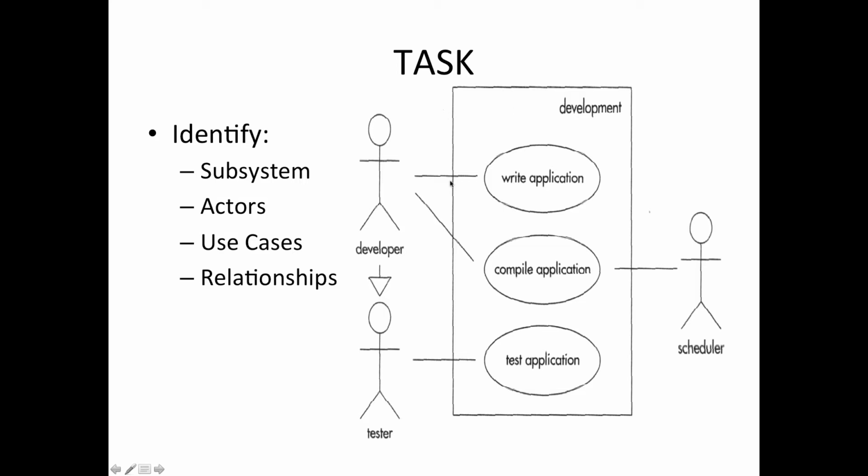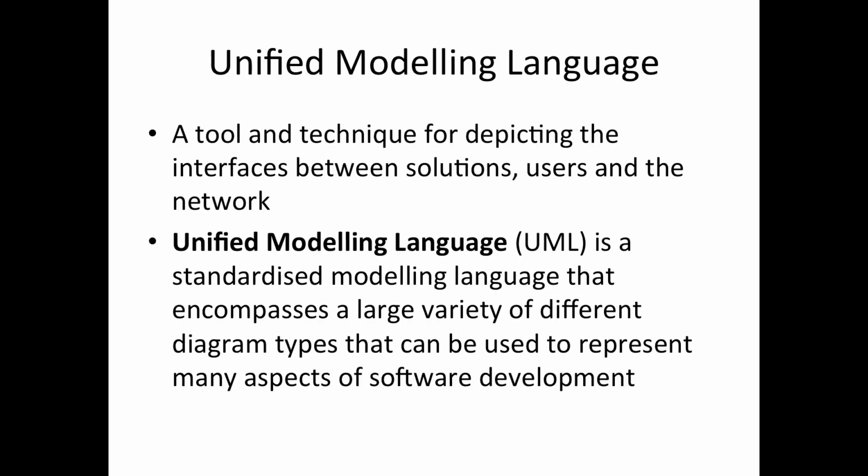We have the system, which is this rectangular box, and we have relationships, which are the lines. Shows you a relationship between the actor and the use case. So that is the big picture view of what a use case diagram will actually look like. You will all create use case diagrams in this outcome, in this SAT.